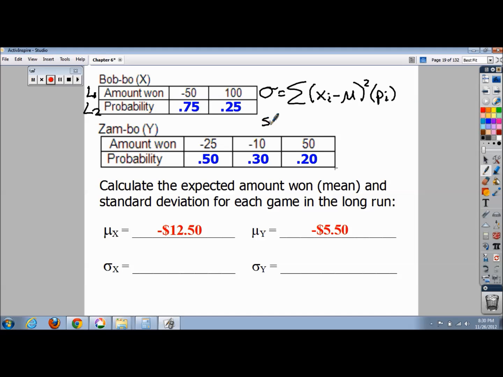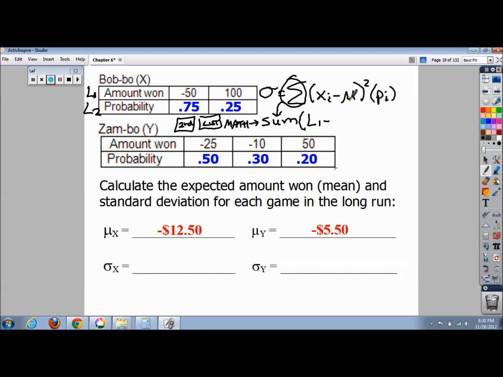Okay, so again, if you find the sum command, which was located if you hit second, and then list, go over to the math, and then down to number 5, sum. So this sum command will take care of that. X sub I, that's our first list value, minus the mean, which we already figured out here, was negative $12.50.